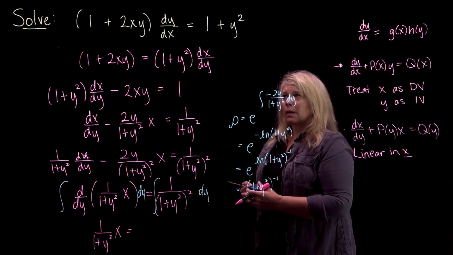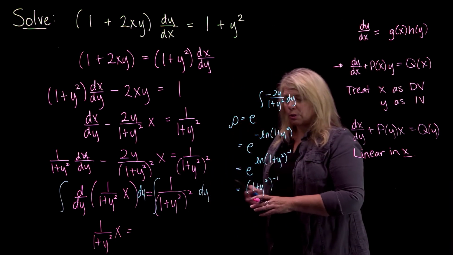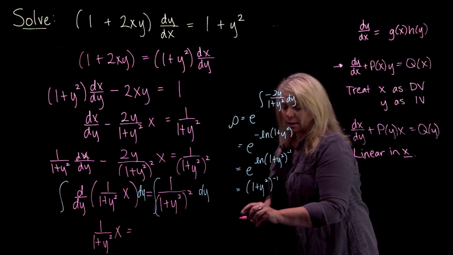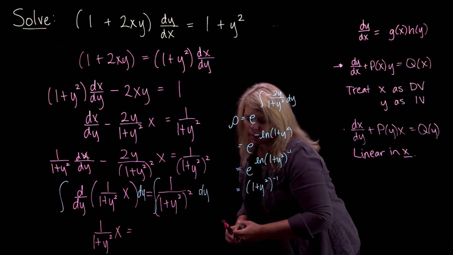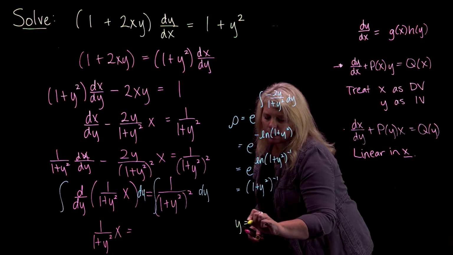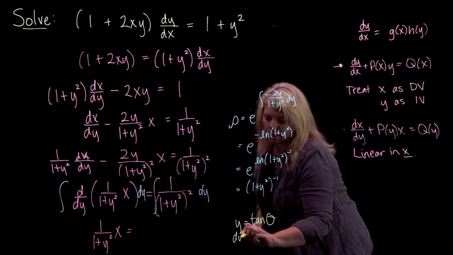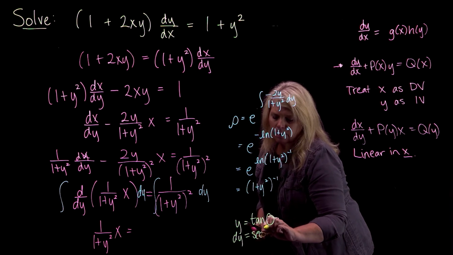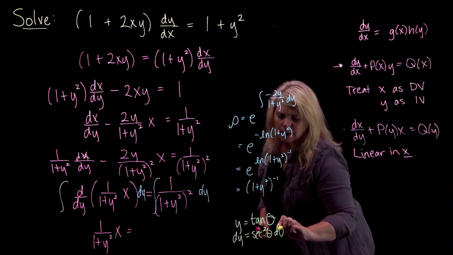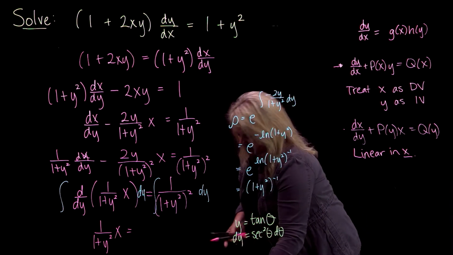There's some algebra or some trig substitution that you're going to need to do there. So you're going to do a trig substitution. y equals tangent theta, dy is secant squared theta d theta, and make your substitution.